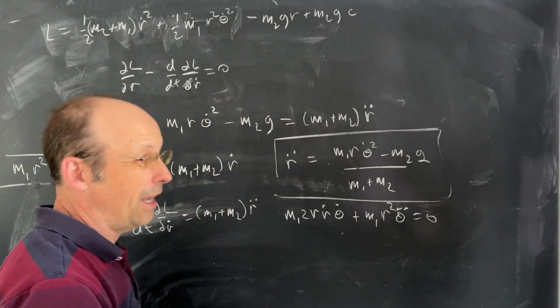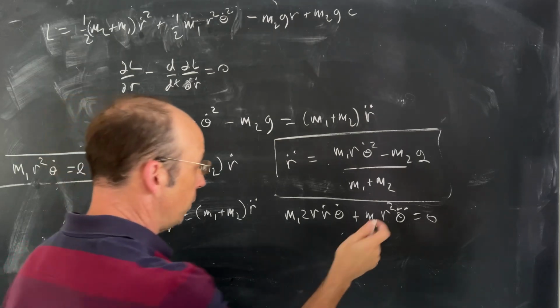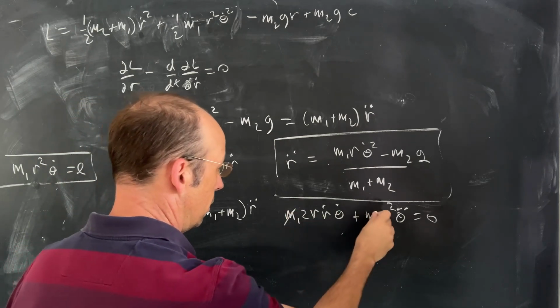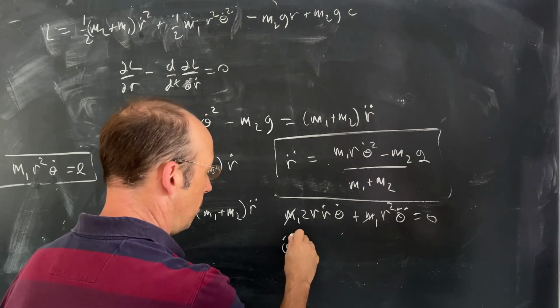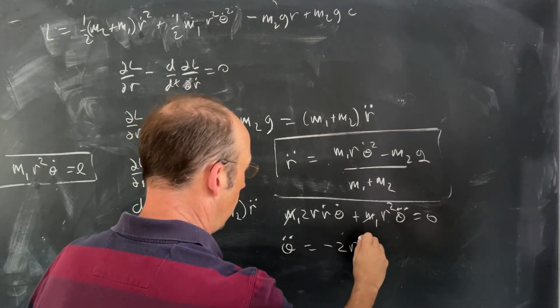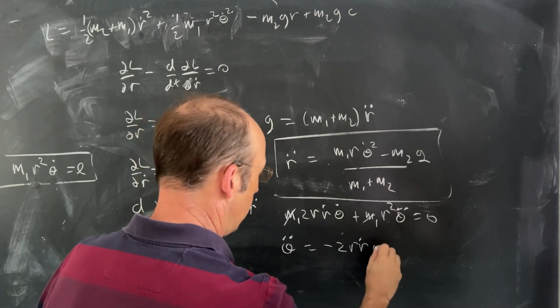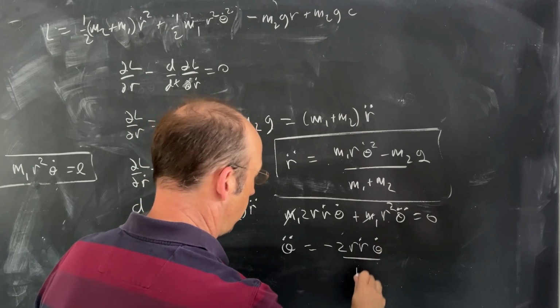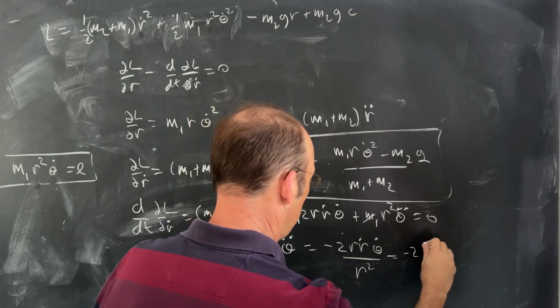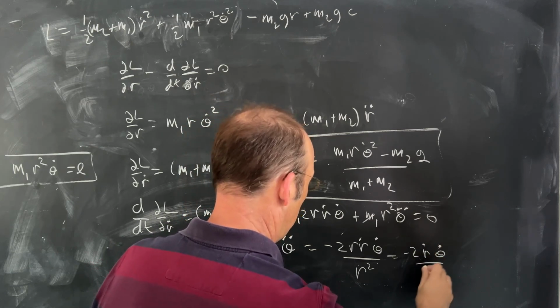So I do get theta double dot as a function of time this way. So I can solve this. The m1's cancel, and I get theta double dot is negative 2 r dot theta dot divided by r squared. So negative 2 r dot theta dot over r.